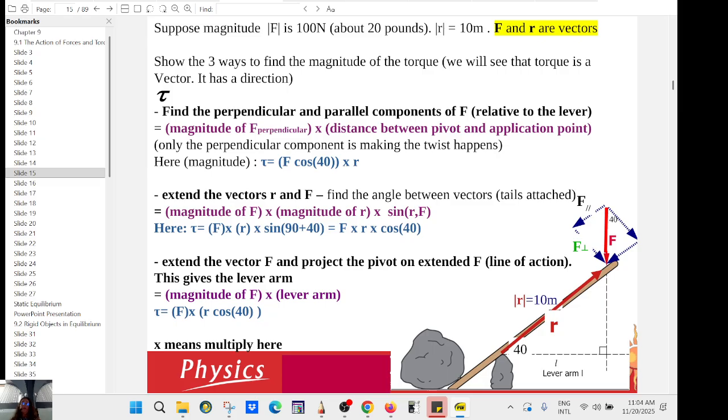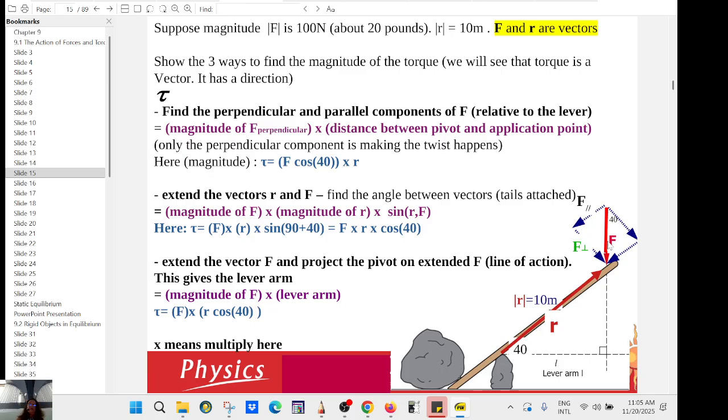So you can say the torque will be 10 times the force. I don't know how much the force is. Times, in that case, the cosine of 40 degrees. It's a cosine here. That's one way. Or, again, you extend the force, you take the perpendicular distance, the lever arm. So you will say 10 cosine 40 times F.